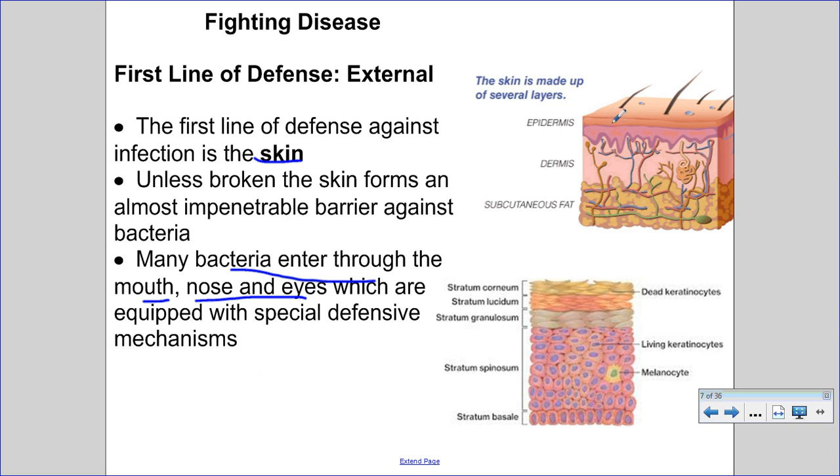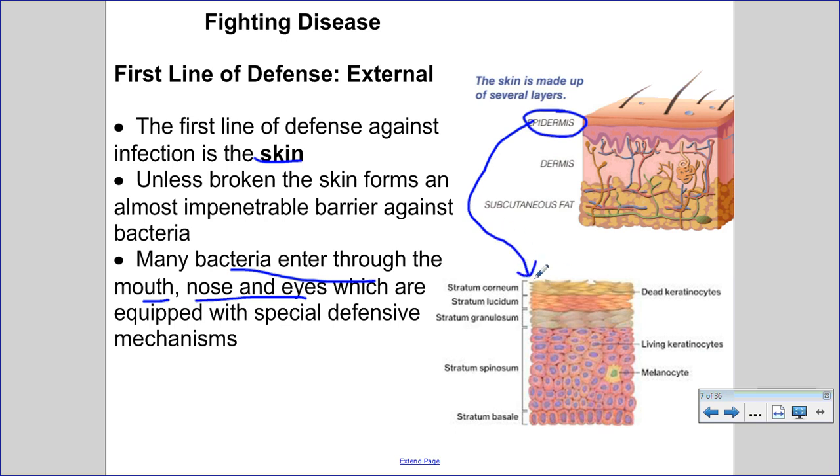Just very quickly, what makes the skin an effective barrier is the layers that it is made up of. Overall, the skin is made up of several layers, which include the epidermis, dermis, and then a layer of subcutaneous fat. The epidermis itself is made up of many different layers as well, which is interesting in itself.